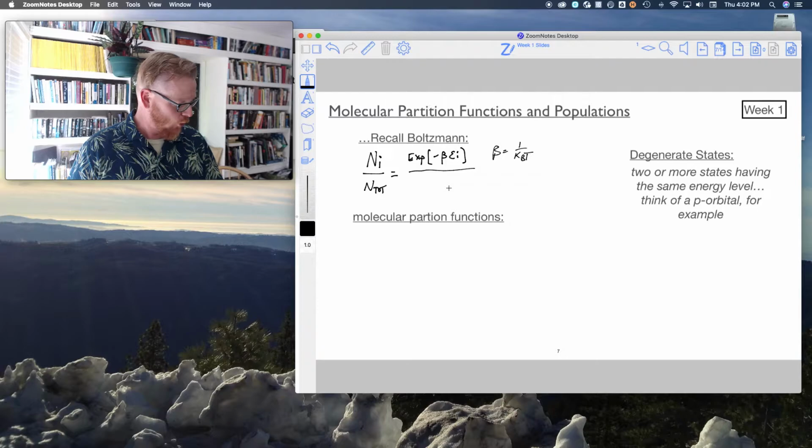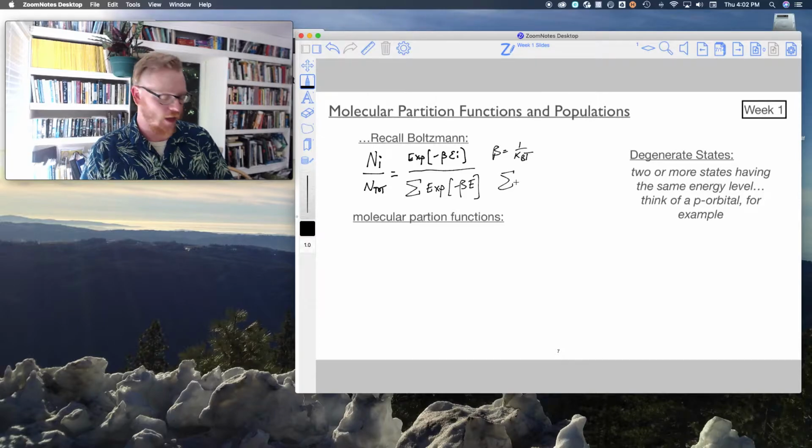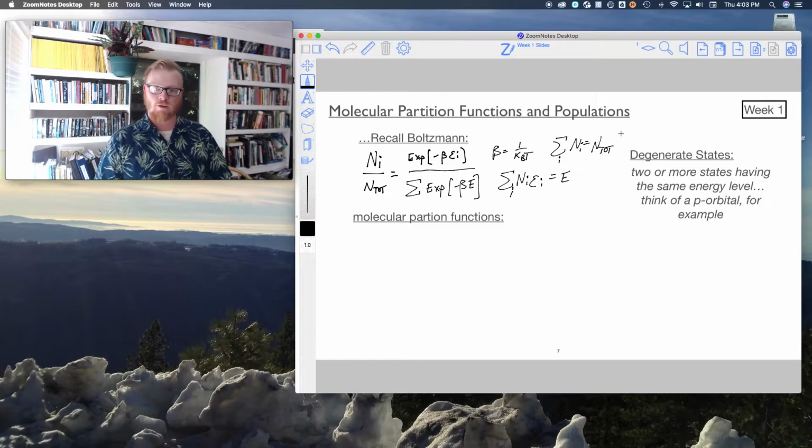And if I want to divide this by the total number of molecules, then I'm going to say that's the sum of all of these exponential contributions, where now I'm going to say that's beta times capital E. And here in this case, if I take the sum of all populations N_i times their respective energies, that's going to give me the total energy E. And of course, the sum of all populations N_i will equal N total.